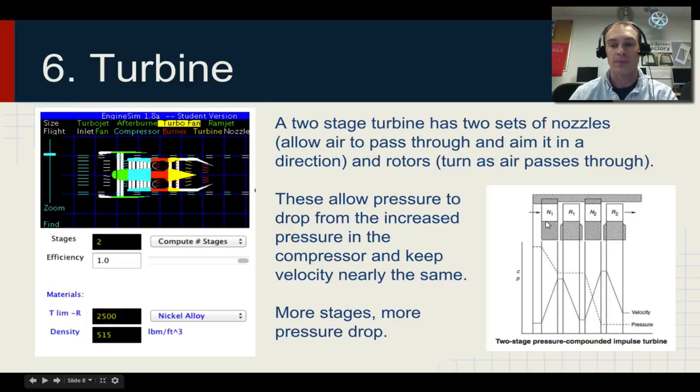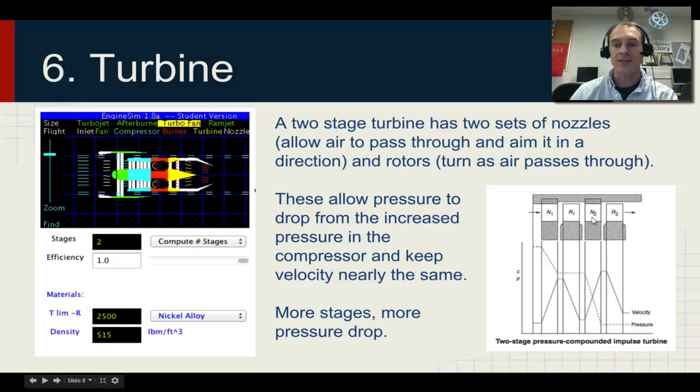So if we look at this two-stage pressure compounded impulse turbine, the velocity is starting to increase here, and with the increase in velocity we have a decrease in pressure. And then on this next stage of this rotor, we have a decrease in velocity of the air going through here as we get these rotors to turn.